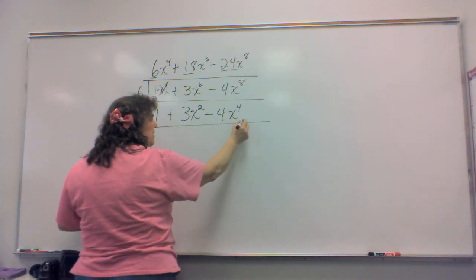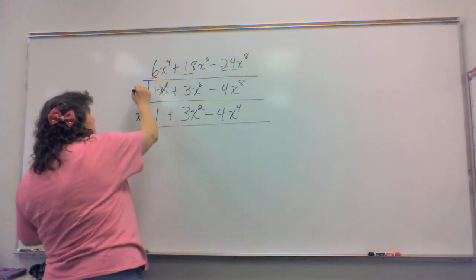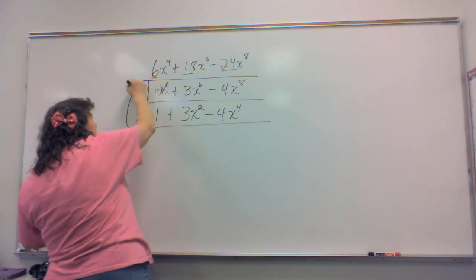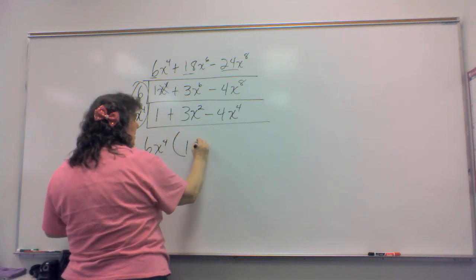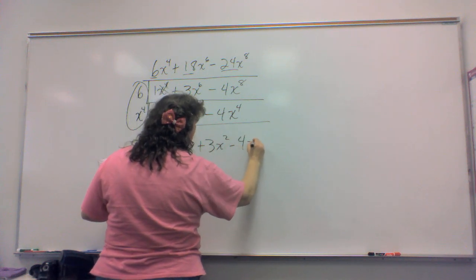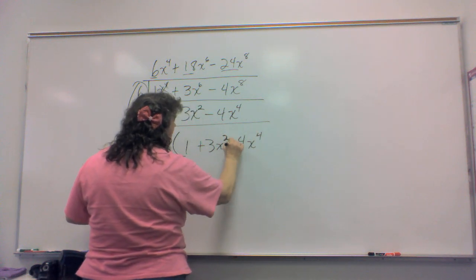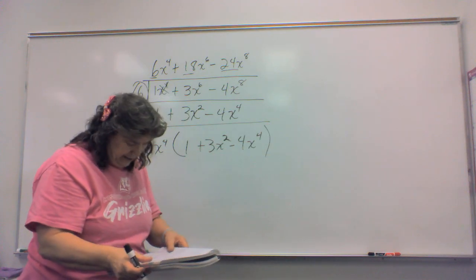This is all the way factored. You don't have any more common factor in it. So you multiply these two together and have 6x to the fourth times 1 plus 3x squared minus 4x to the fourth. So there is a way to factor your greatest common factor out.